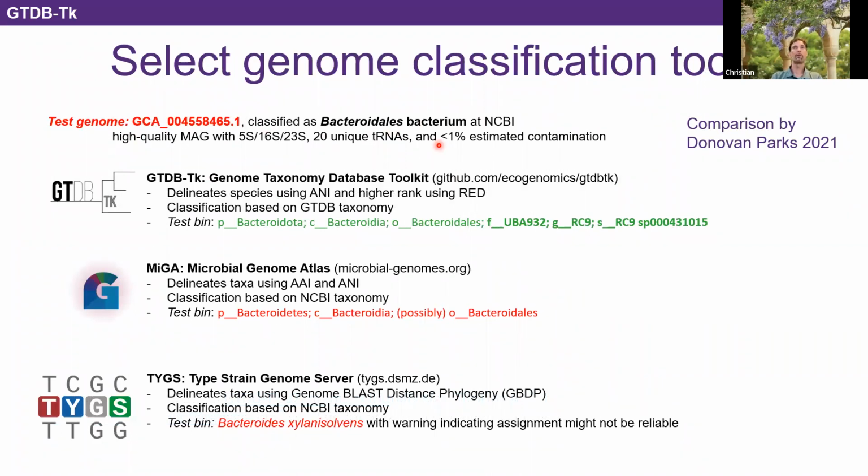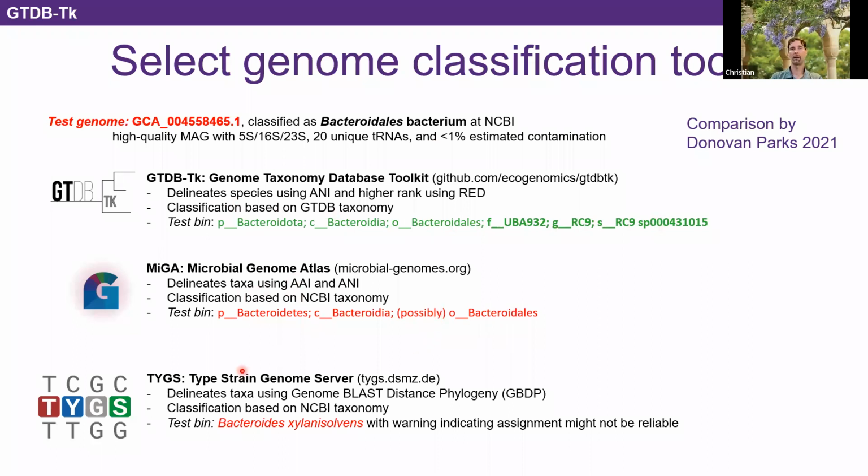Running that through GTDB-Tk, you will get a full text string starting with phylum Bacteroidota all the way to family, genus, and species. You can see those are placeholder names, because there are no official names available. Another tool is MiGA, which uses AAI and ANI, and in this test case that would classify to Bacteroidota, possibly, or the Bacteroidales, and then stops there.